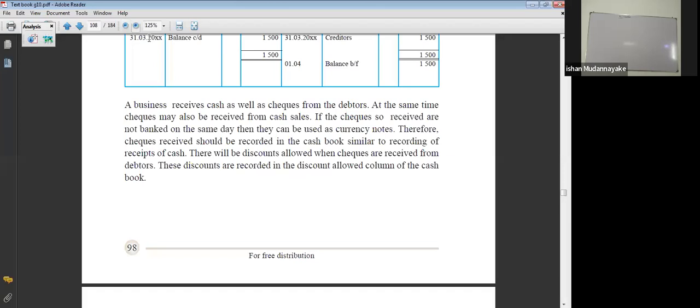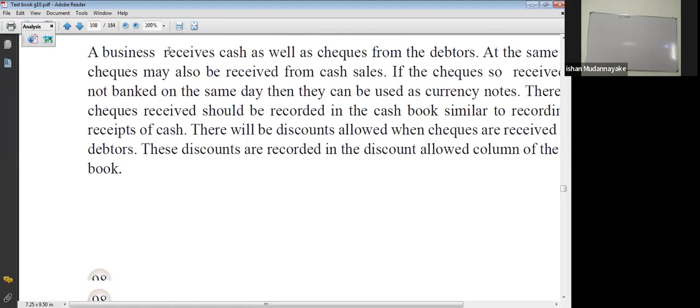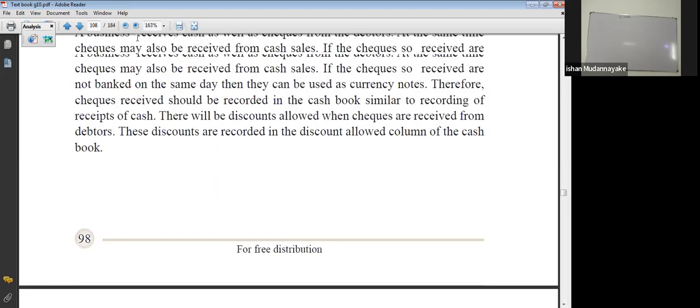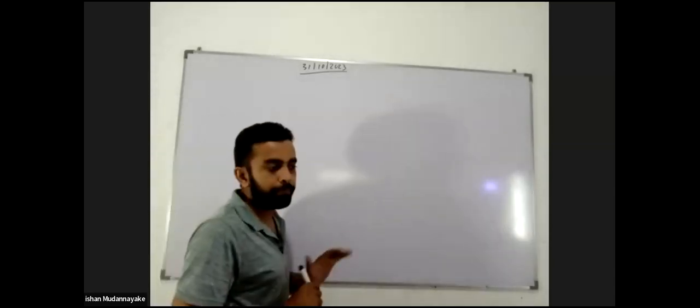Ramai, quickly go to page number 98. Right, students, in page number 98, we can see that it discusses something like this.